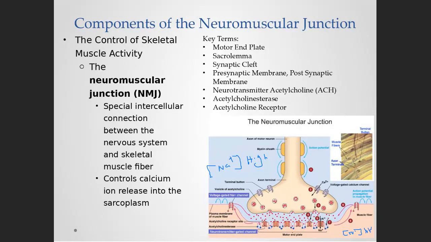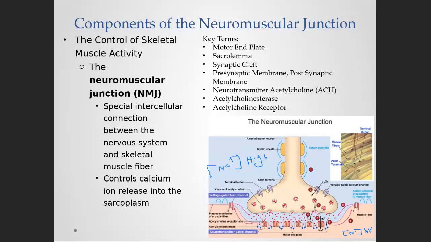So these acetylcholine receptors, when acetylcholine binds to them and causes their doorways to open, and sodium is the ion that can fit through this doorway, so it's known as a sodium channel. It is going to let sodium ions from the outside of the cell where there is high concentration start to move inside the cell where there's a low concentration.